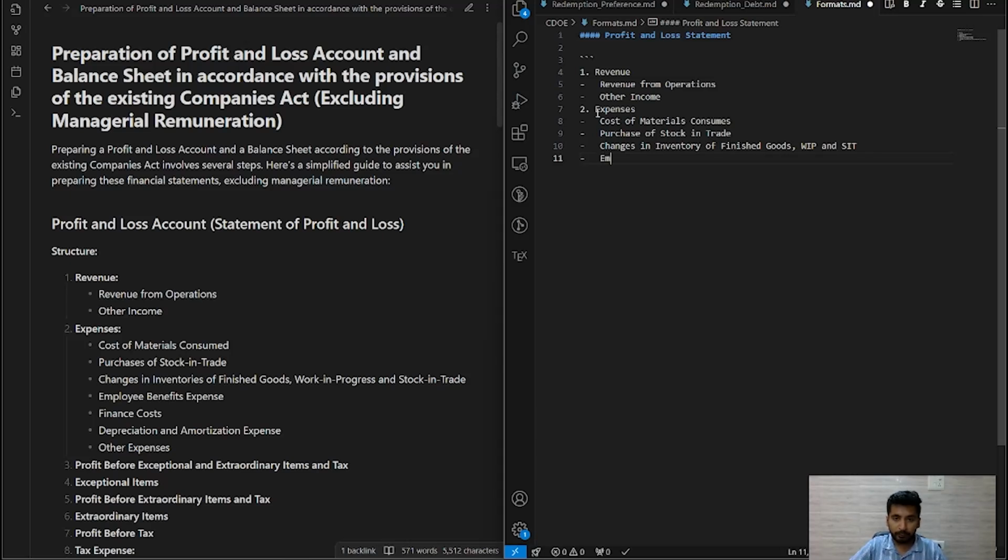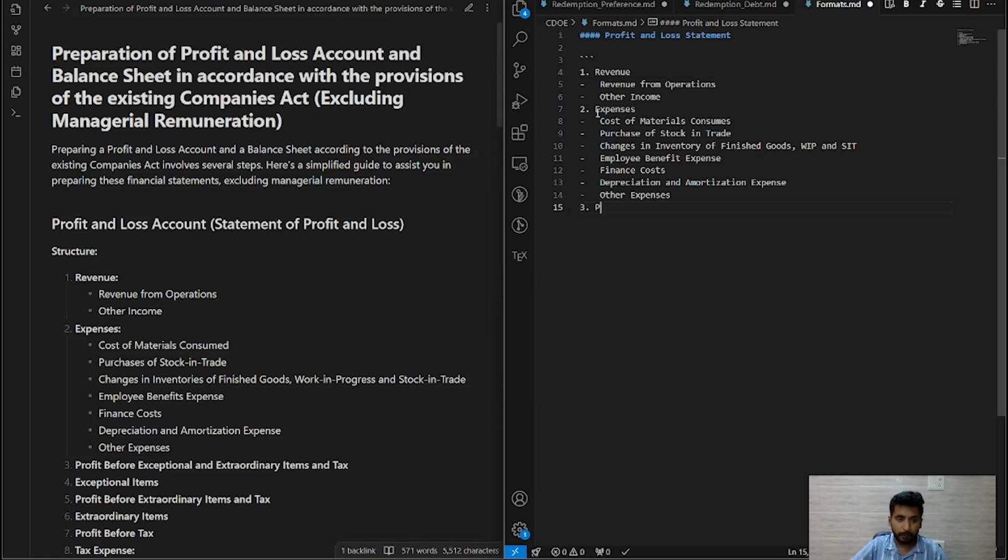After that, the employee benefit expenses, and finance costs. Depreciation and amortization expense, and then other expenses. All these expenses will be included in the profit and loss.